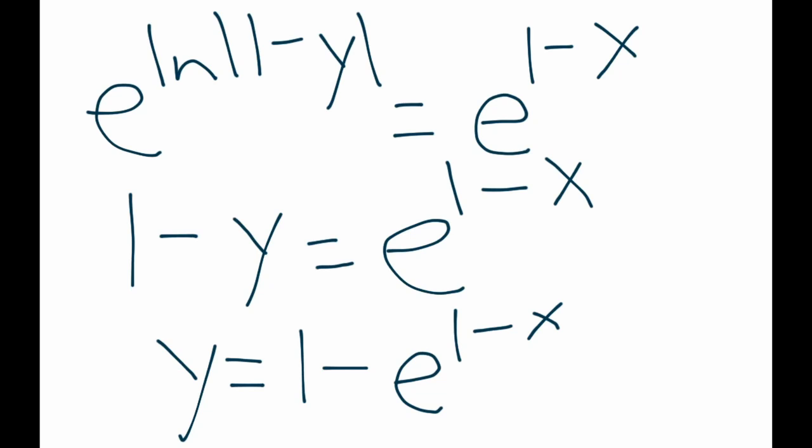To find the particular solution, we're going to exponentiate both sides by e, which gets us 1 minus y equals e to the 1 minus x. Therefore, the particular solution is y equals 1 minus e to the 1 minus x.